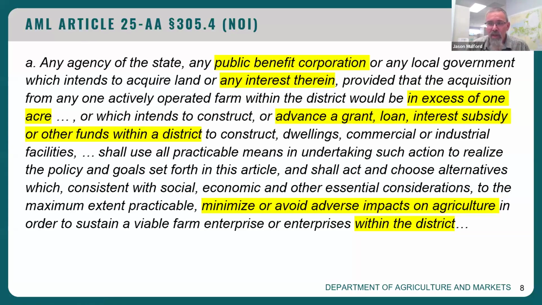And typically, this is required of any state agency, or in this case, if it's NYSERDA, a public benefit corporation, that's funding these solar developments. If they're using state funding, then NYSERDA has to submit a notice of intent to Ag and Markets.